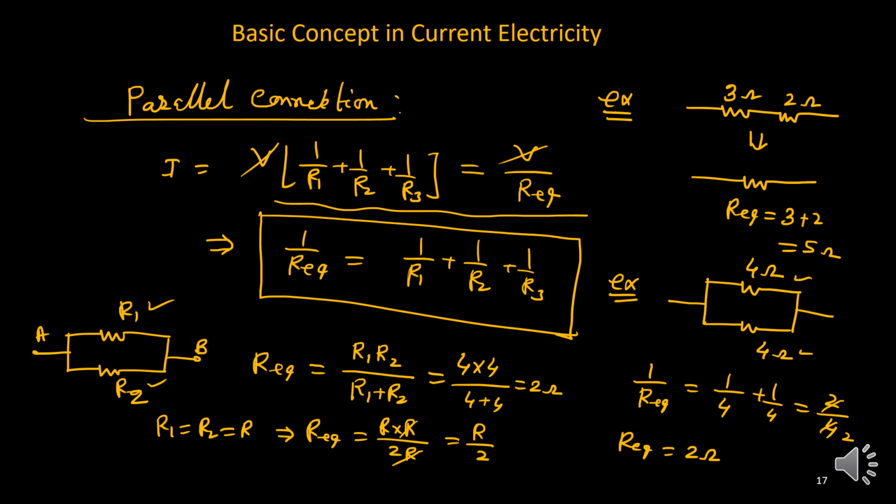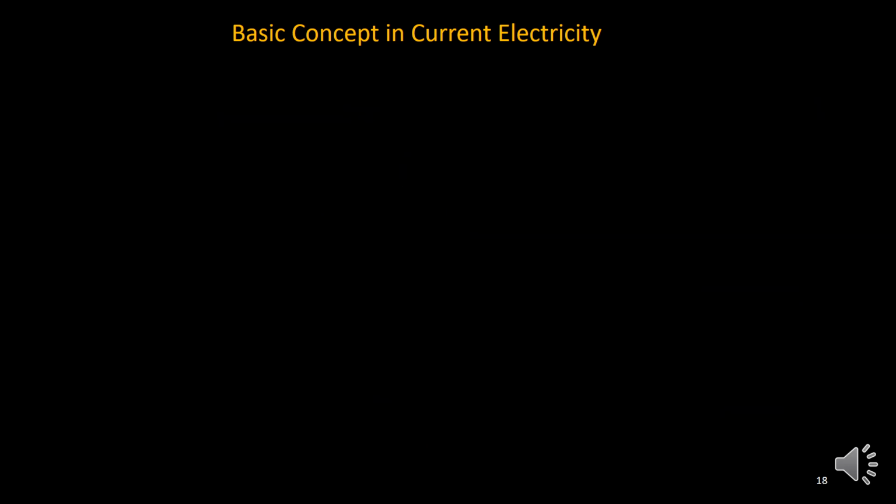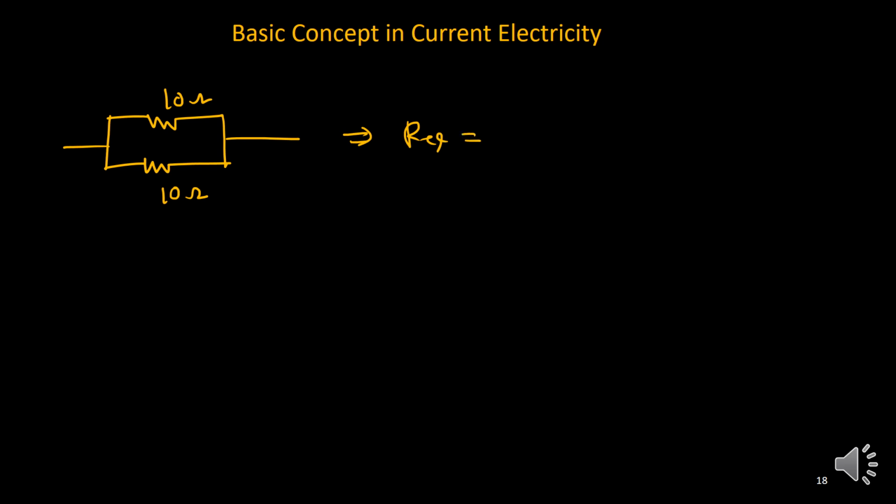Okay, this is 4 by 2 equals 2 ohm. So it is very easy. Similarly, if I have 10 ohm and 10 ohm, its equivalent resistance is very simple. It will be 10 by 2, half of that, equal to 5 ohm.